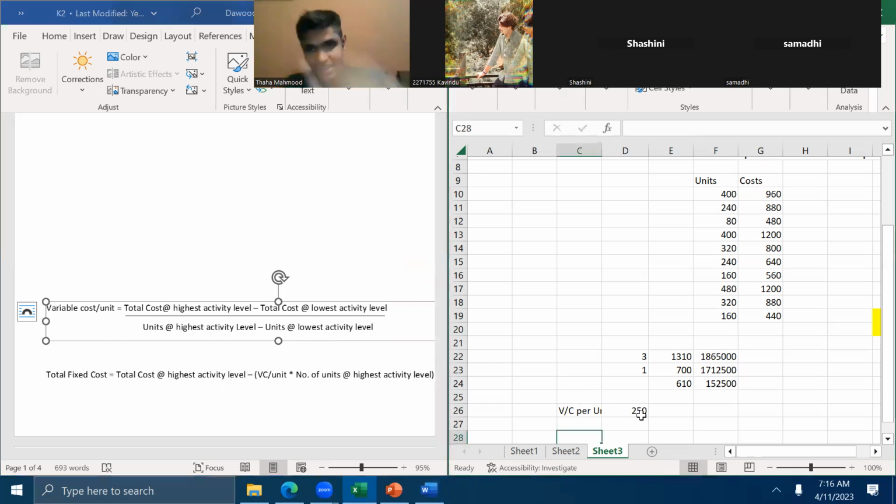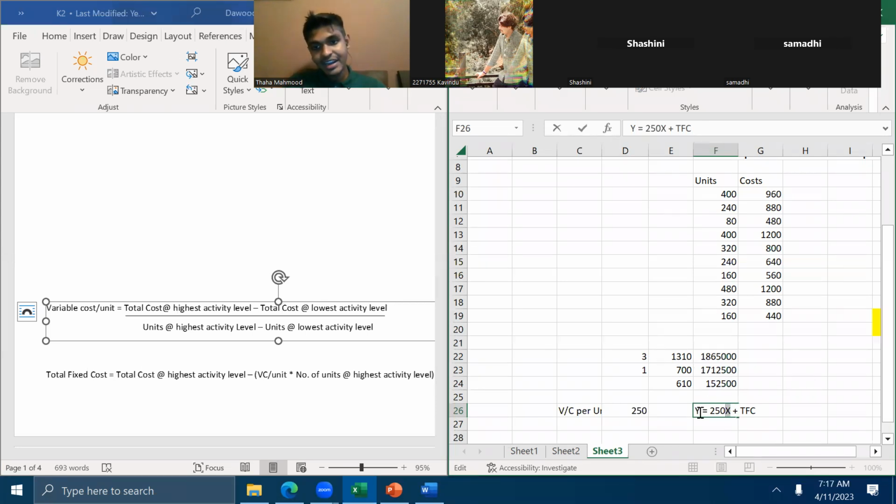Now since we have the variable cost per unit, from this equation we have 250x. Now we need to find out how much is the TFC. In order to do this, we have to substitute the highest activity level for x, and for y the cost at the highest activity level.